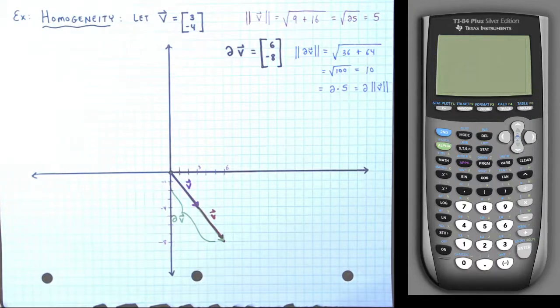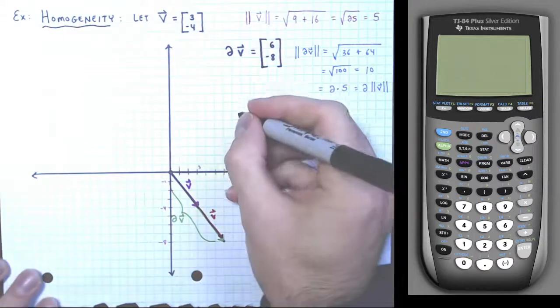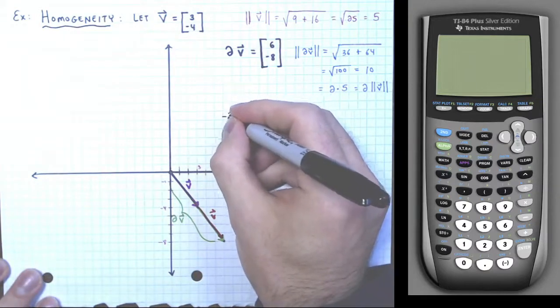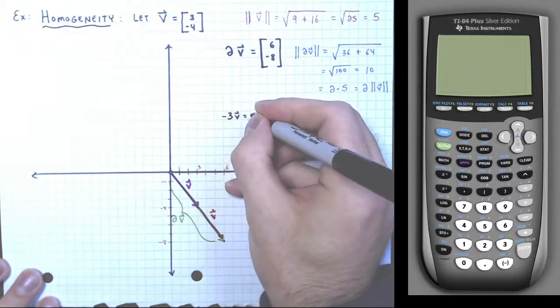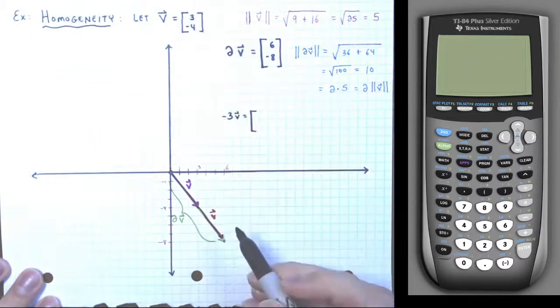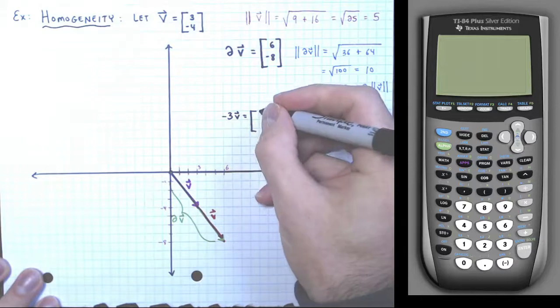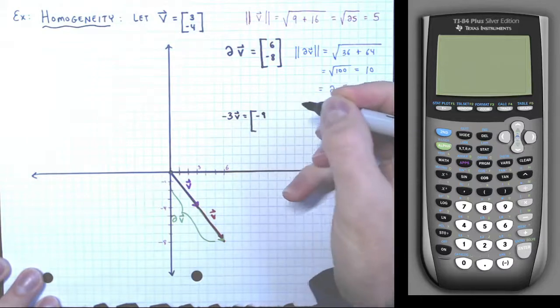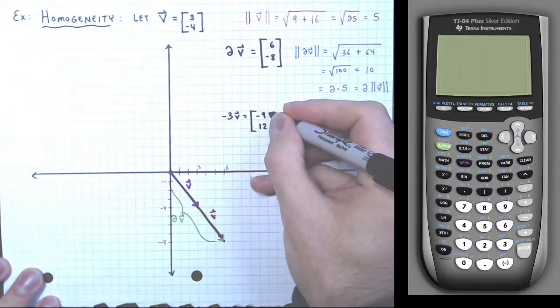All right, so let's say I multiplied vector v here by negative 3. So let's take a look at negative 3 times vector v. Again, very simple: just multiply each component of v by negative 3. So the first component, negative 9. The second component, positive 12.